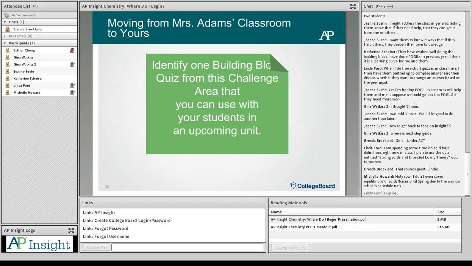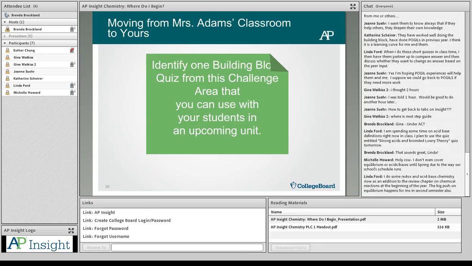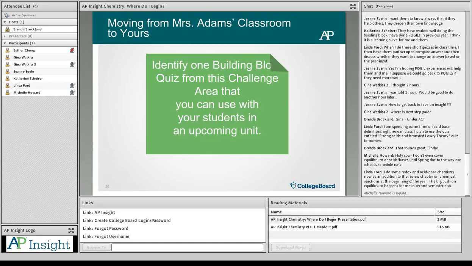And then, because it was building block quiz A, I labeled it as BBA for building block A quiz. That at least kept me a little bit organized, but admittedly I can't say that it's as organized as I might like, but it'll at least get us started.